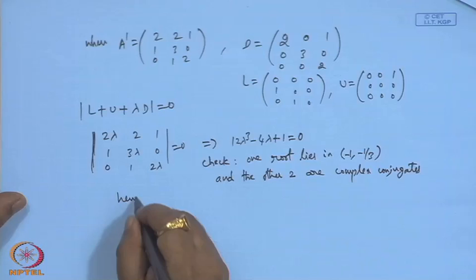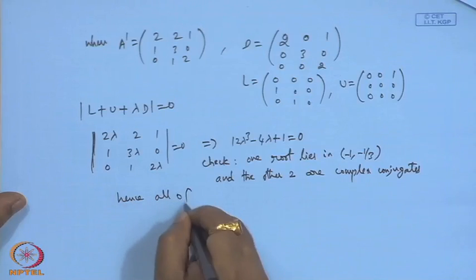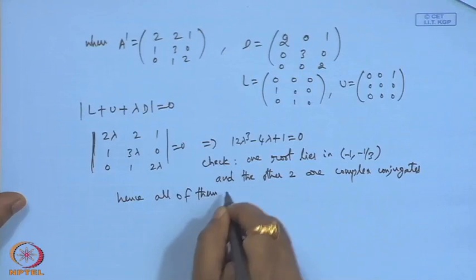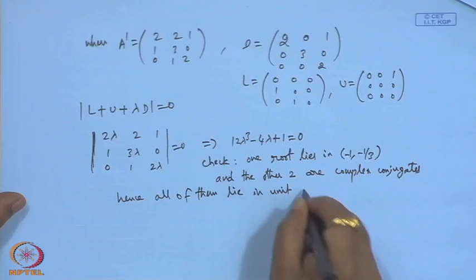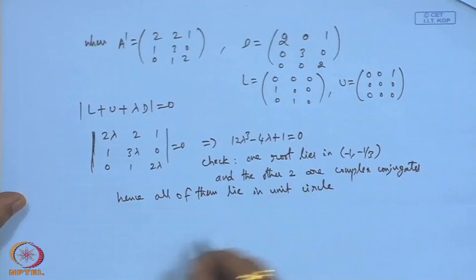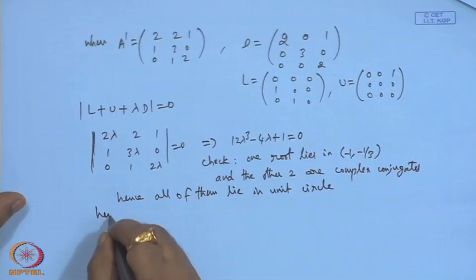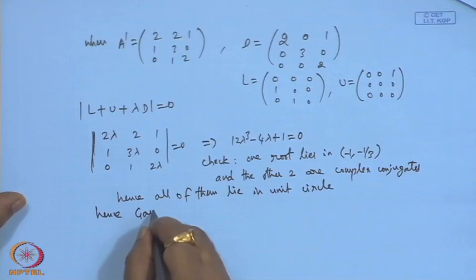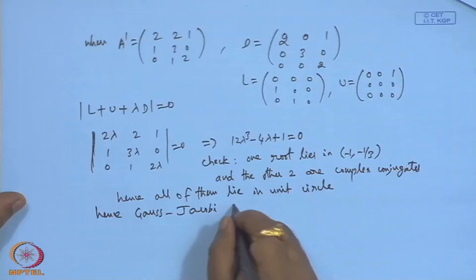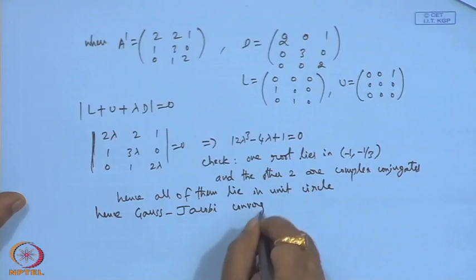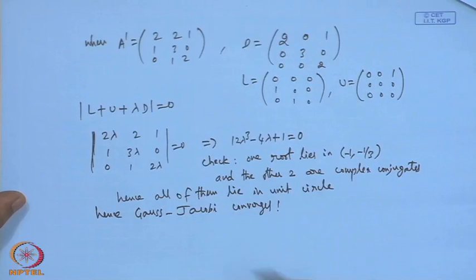Hence all of them lie in the unit circle. Hence Gauss-Jacobi converges.